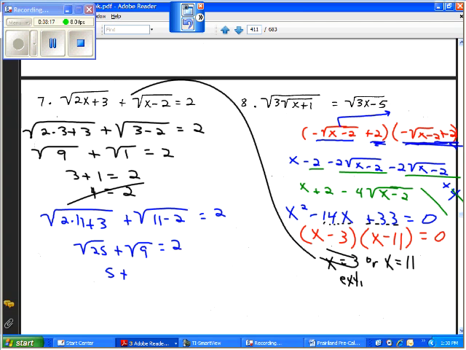So 5 plus 3 needs to come out to be 2. So 8 needs to be equal to 2. And it's not. So we have to cast that one out too. So they're both extraneous solutions. And so there's no solution.